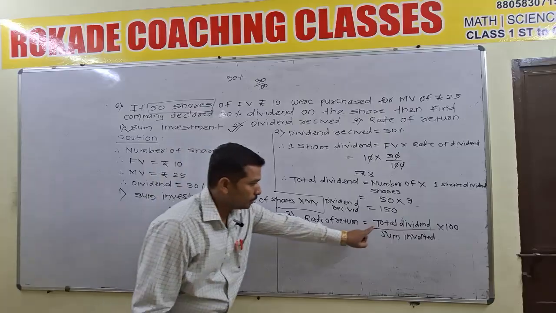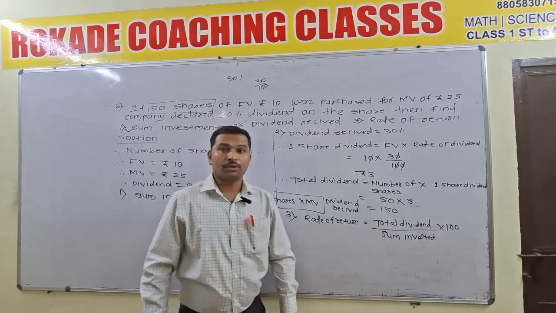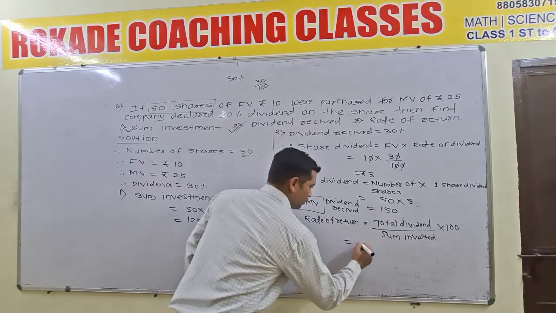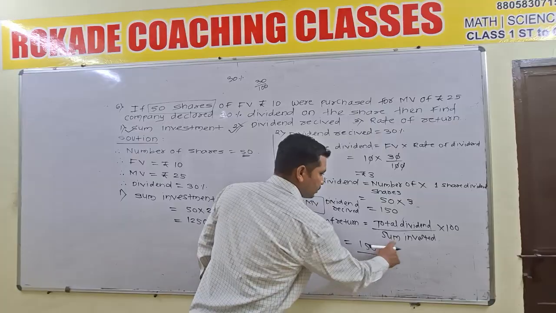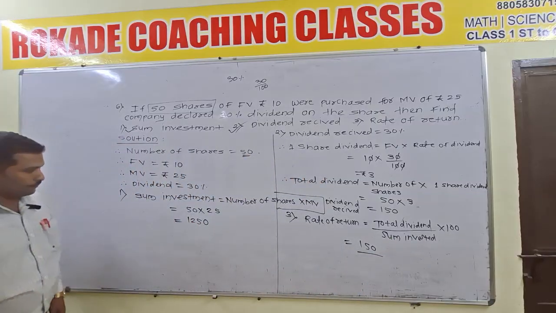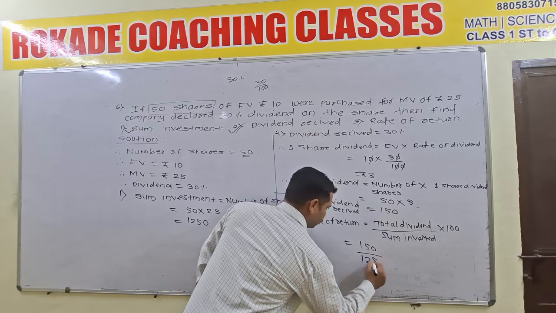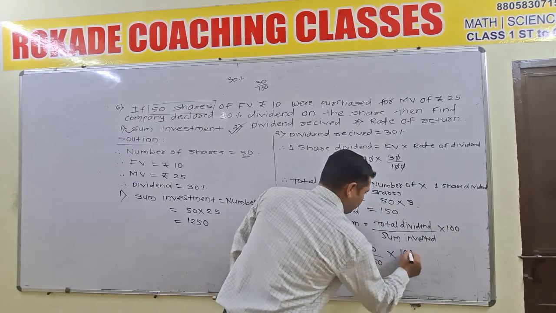How much is the total dividend? Total dividend is 150 rupees. Sum invested is 1250, multiplied by 100.